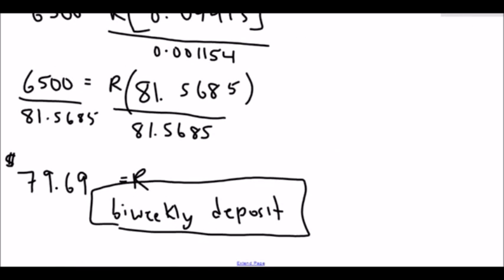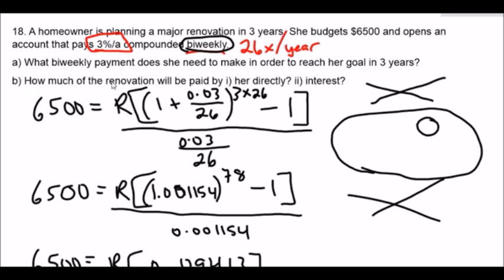Now, the second part of the question says how much of the renovation will be paid by her directly and how much is in interest. So we know that she makes a deposit of $79.69, and she does that every 2 weeks for 3 years.